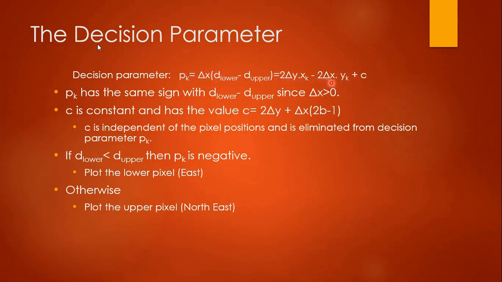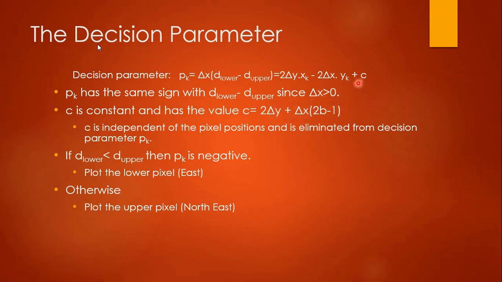The main concentration you have to give is on these values, because your delta y and delta x values will be changing the values of pk. And c is equal to 2 delta y plus delta x into 2b minus 1. That is a constant.